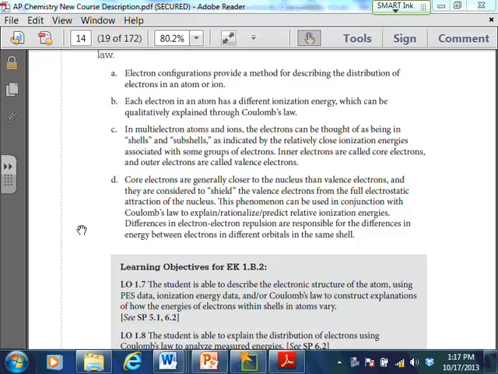And also, the more of a charge the nucleus has, the stronger its pull on those electrons. Okay, so if you remember those things, Coulomb's law and this shielding effect, it can really help to explain pretty much everything about the properties, the ionization energy, electron affinity, electronegativity, of these different atoms, all those periodic trends that we talked about last year. So if you keep those two things in mind, you don't have to memorize any of the trends. You should be able to figure them out. That's kind of the point.